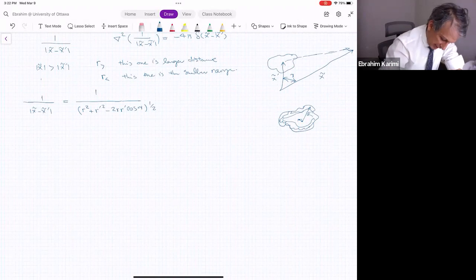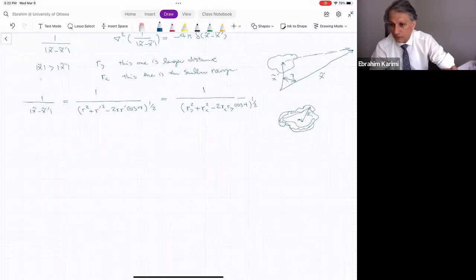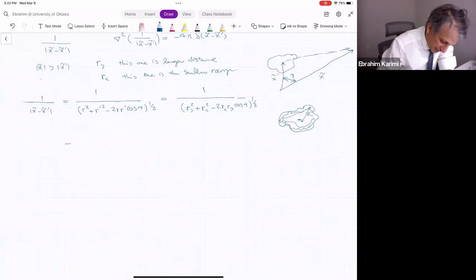So I will label that with, because that is completely symmetric, I will write it in this way, 1 divided by R greater to the power of 2, plus R smaller to the power of 2, minus 2 R greater R smaller cosine of gamma, all to the power of 1/2. Do you have any argument with that? Do you agree? Indeed, it's symmetric. Doesn't matter if it's r prime or r. One of them is greater than the other one, and then we can do the expansion that we want.